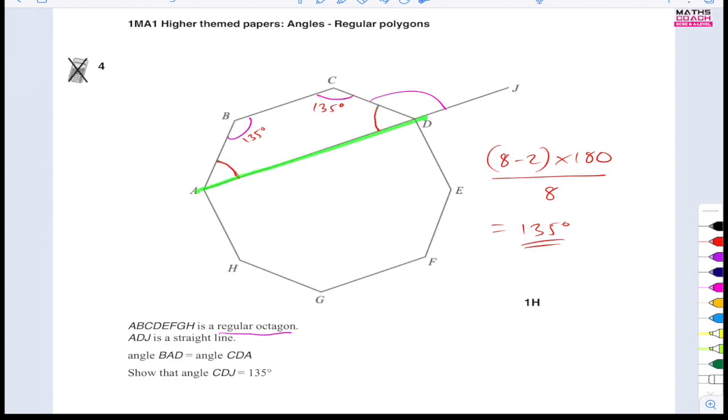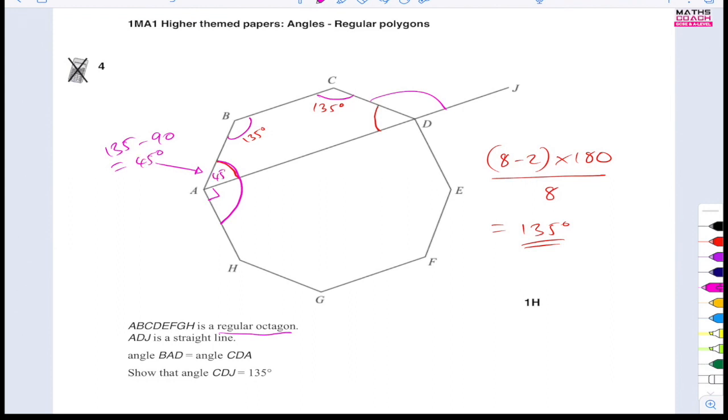Well, this straight line right there will have divided this up into two angles, one of them being 90 degrees. So if I know that all of this is 135, because remember, all of these are 135, I can just do this 135 and take away the 90. So this one will be 135, take away the 90, which is 45 degrees.